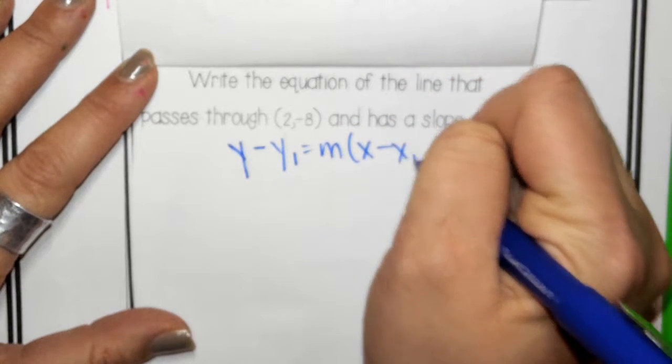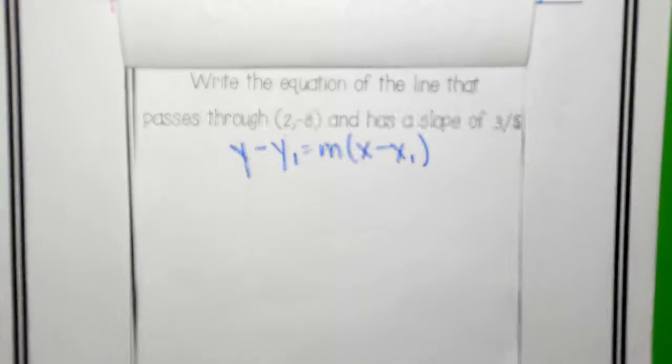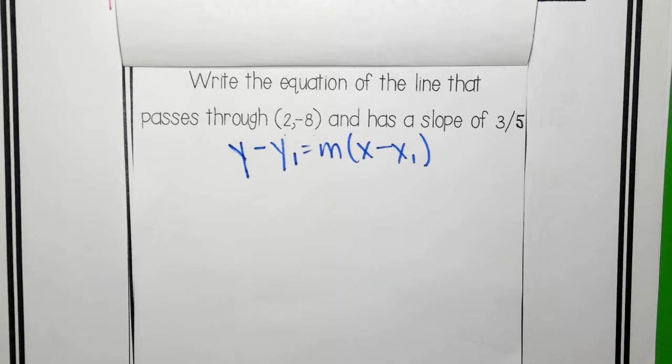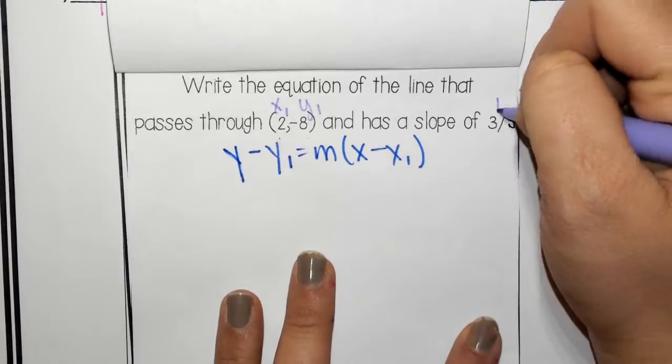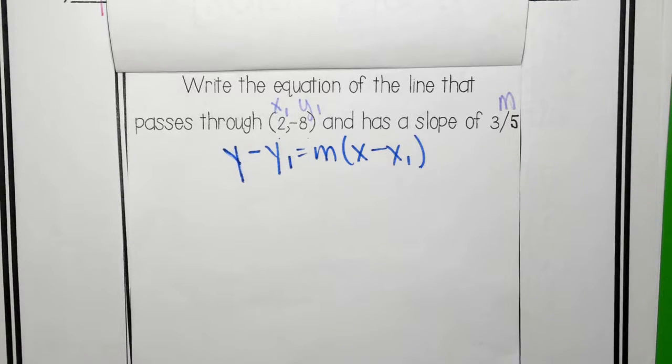So let's write our equation down, and then label everything that we have. So this is x1, this is y1, and this is m.